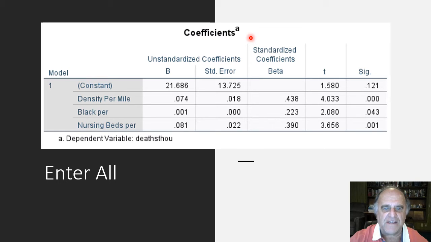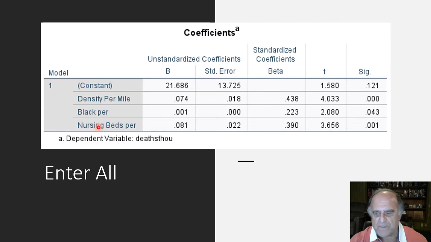So when we look at this, we can now see that when we put all 3 in, first we get our unstandardized coefficients, or our B's. The constant is 21.686. Density per mile, the B is 0.074. The number of individuals identifying as Black per 100,000, the B is 0.001.